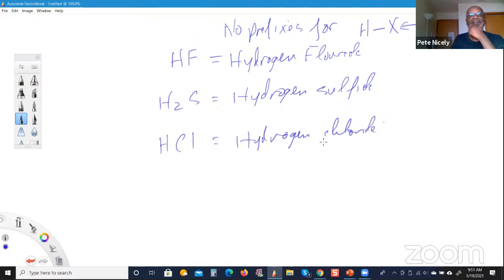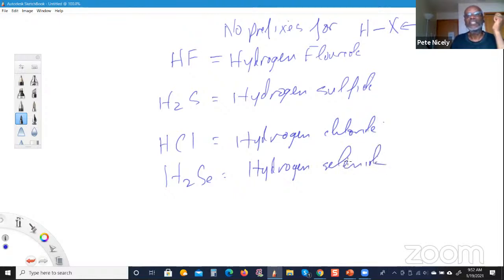All right. So in all these cases where you have hydrogen bonded to a nonmetal, basically no prefixes are used for any of the 2 elements involved, right? It's simply hydrogen fluoride, hydrogen sulfide, hydrogen chloride. Here's another one, H2Se. This is known as hydrogen selenide. All right. So that's how we deal with those compounds in terms of naming them.